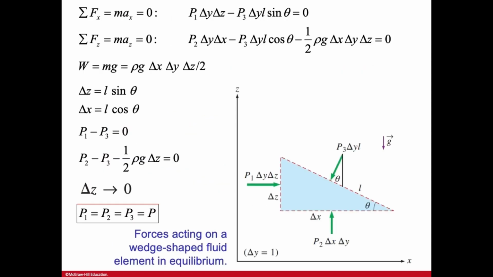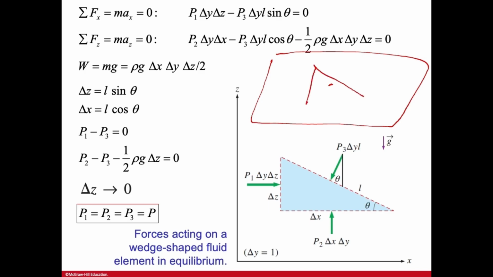Now instead of considering just a point, we start off with a region of fluid, right? Instead of taking a point, you are considering a system or a volume that is a wedge.